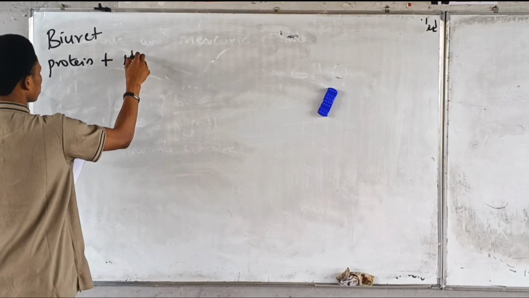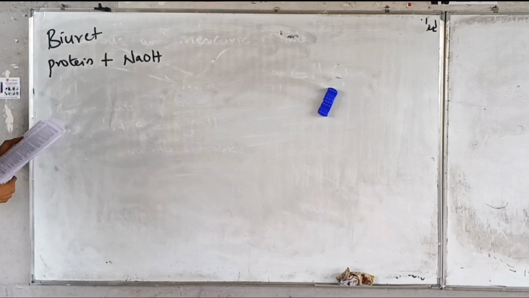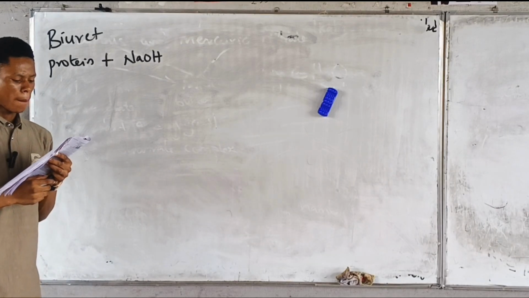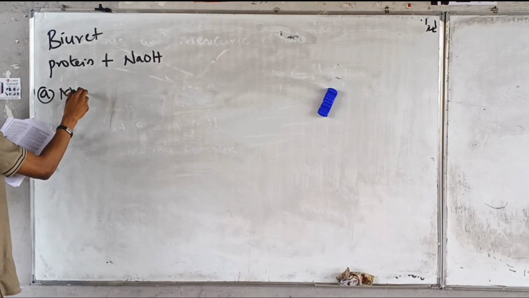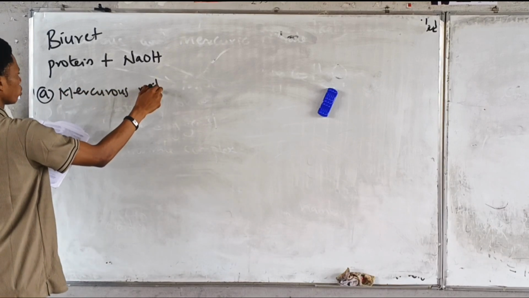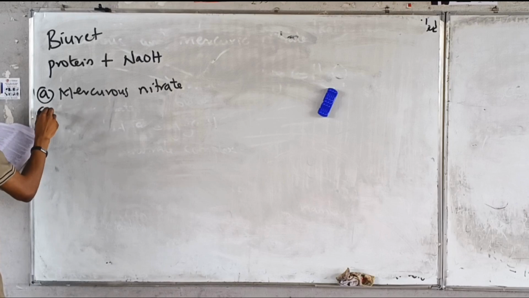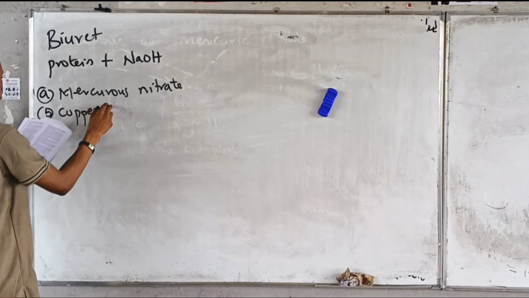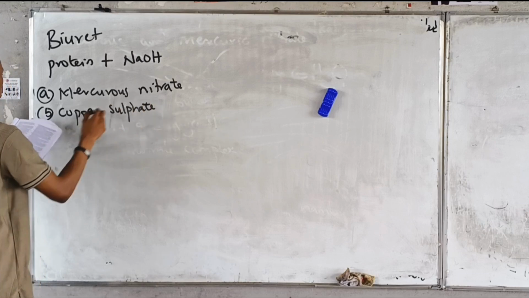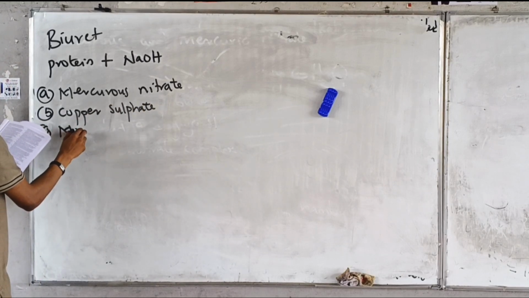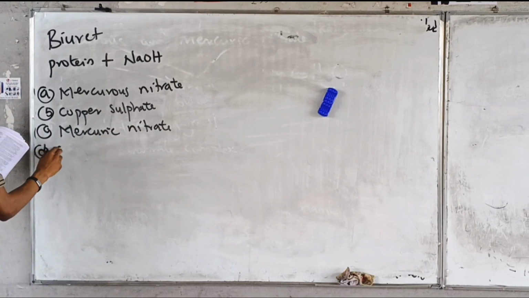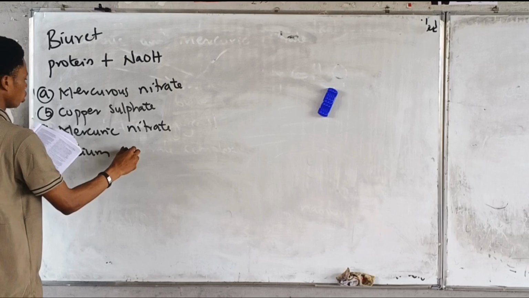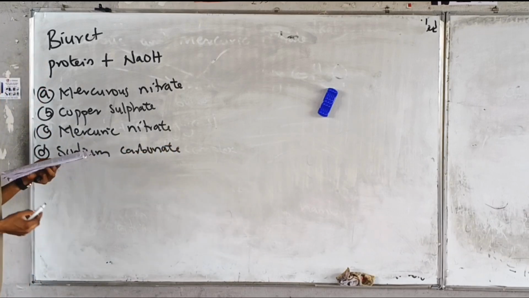A says mercurous nitrate, B says copper sulfate, C says mercuric nitrate, and D says sodium carbonate. So what do you think is the answer to this question?